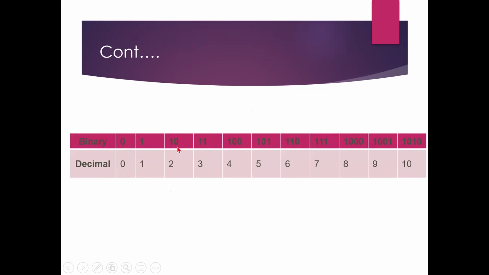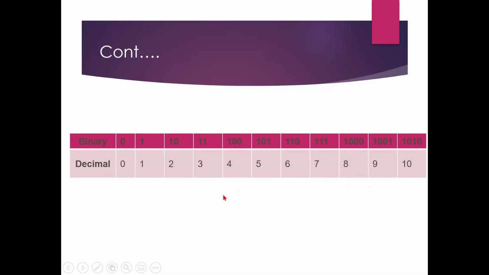You have to go for the 2-digit number, 1, 0. The next higher number is 1, 1. That's all. Then to represent the next higher quantity, you have to go for a 3-digit number, that is 100. Next higher 101, then 110, 111, then go for a 4-digit number, 1000. It goes on like this. These are the equivalent values in the decimal number system.